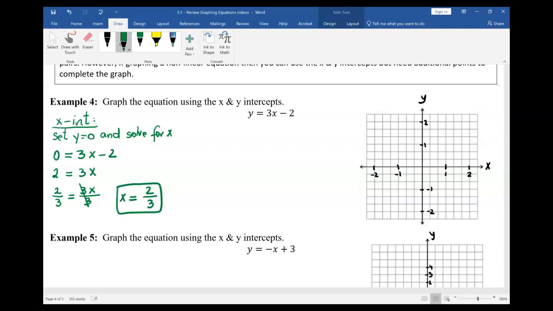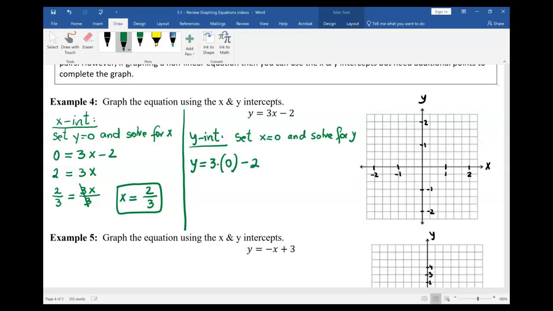To find the y-intercept, we are going to set x equal to 0 and solve for y. y equals 3 times, replace x with 0, minus 2. y equals 3 times 0 is 0, 0 minus 2.